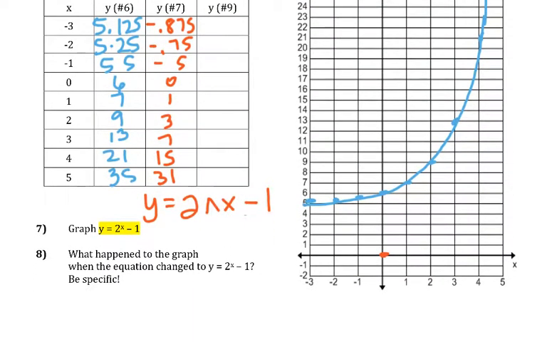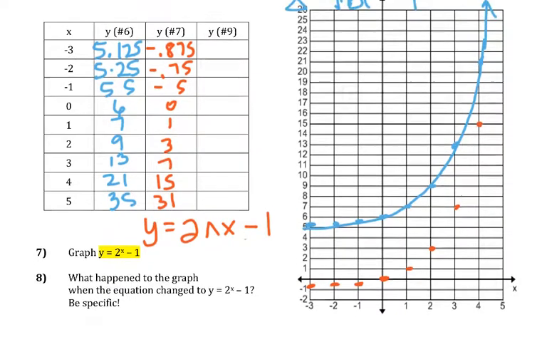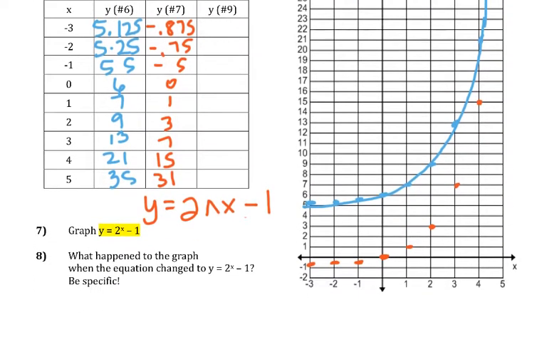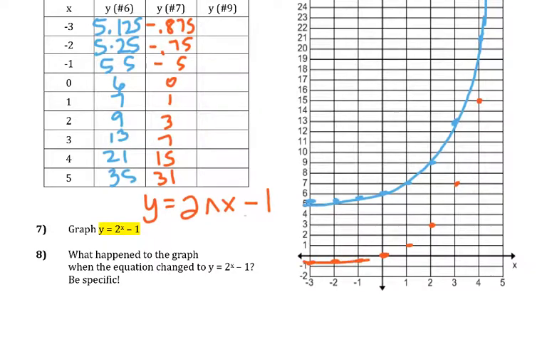So if I go to graph that, I'm going to start at negative 0.875, so that's going to be down here, and then negative 0.75, negative 0.5, and then 0, and then 1, and 3, and 7, and then up to 15, and then up to 31. I actually don't have space to do that on my graph, so I'll just graph what I have.